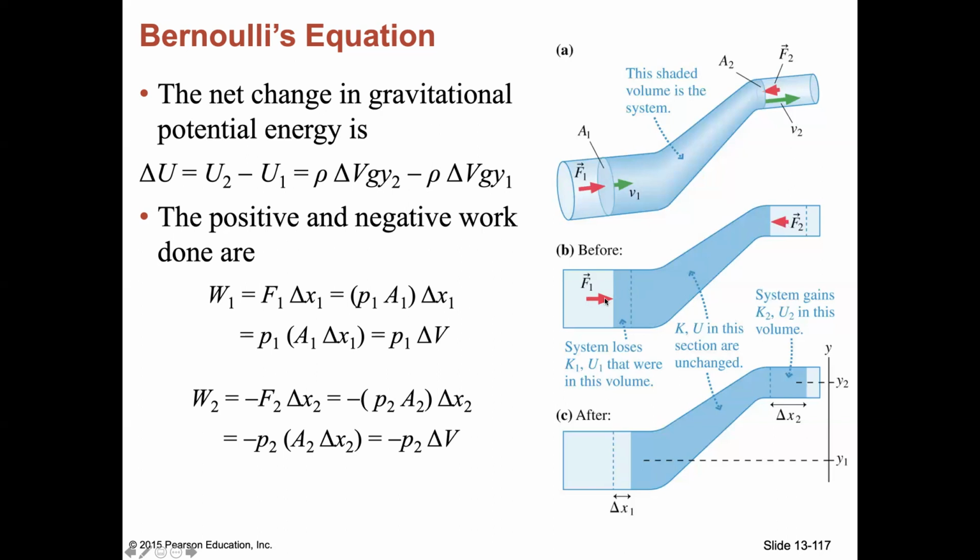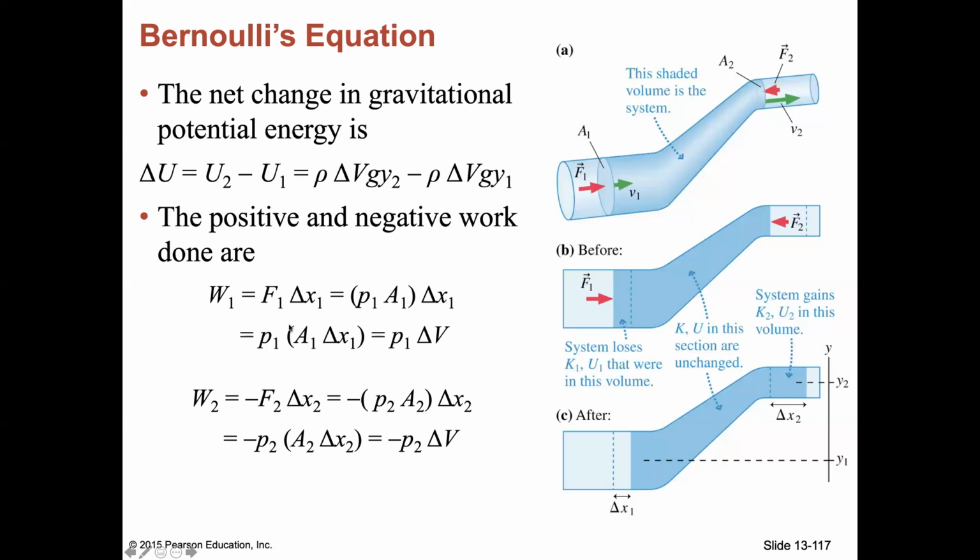The left end force is pushing it, let's say it's F1. And on the other side, let's say it's F2. So the work done by F1 is work 1 equals F delta X1. And the force could be described by the pressure times area, which is P1 A1, then delta X1.